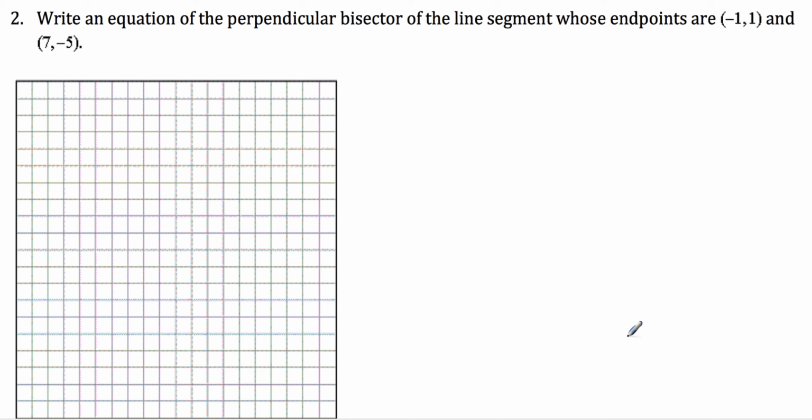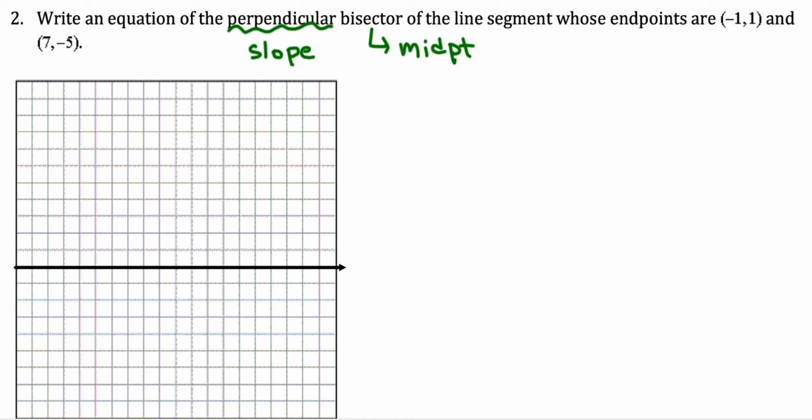How about number 2? Once again, perpendicular means I'm going to find the slope. Bisector means I'm going to use the midpoint. Then let us try to set this one up one more time. So negative 1 comma 1, and then 7 comma negative 5.